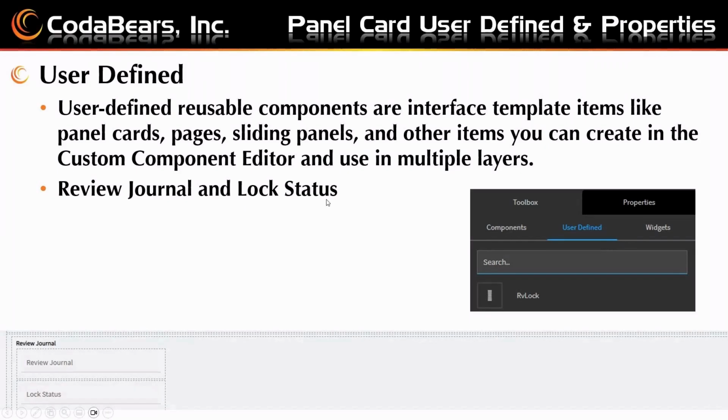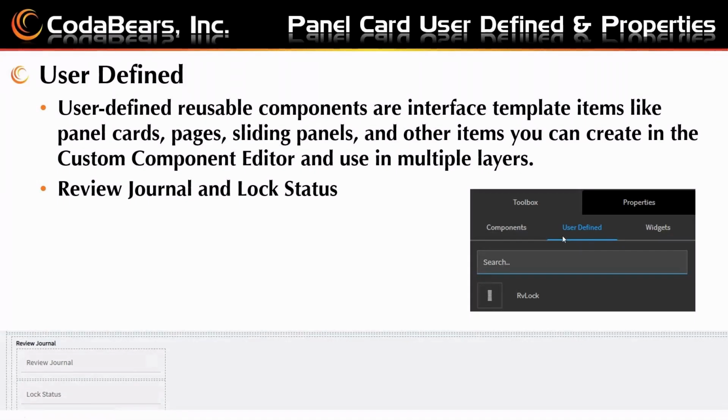I'm not completely sure what these do, but these are just text boxes that they put inside one panel card, and then we can use this on any of your App Studio layers. So similarly, you can create your own user-defined components also.